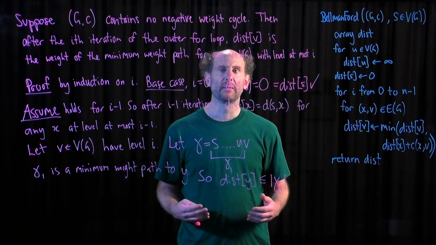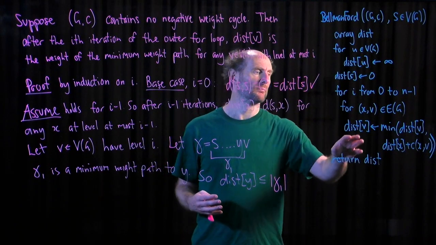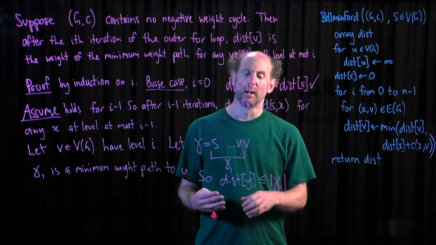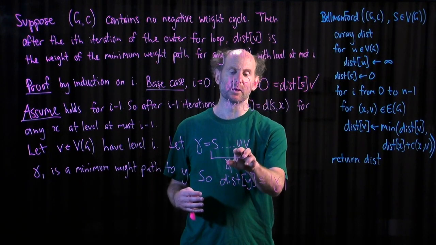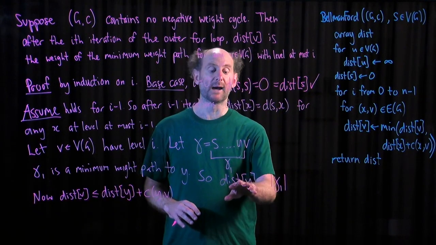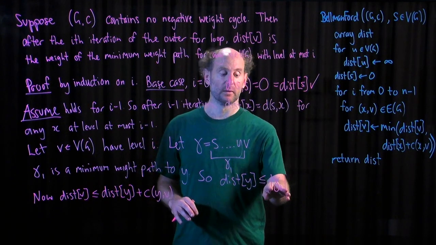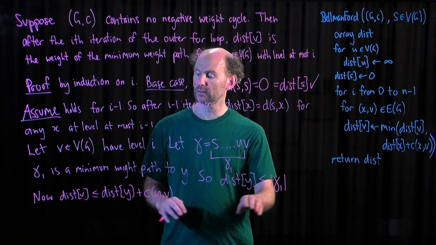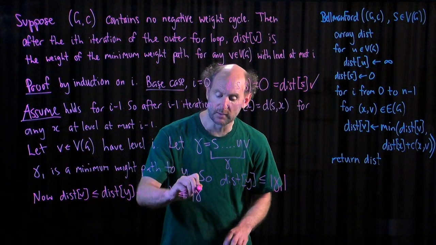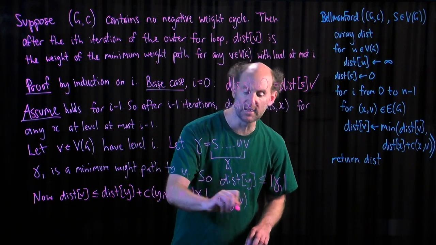But now by the update formula over here, we have that dist V is less than or equal to dist Y plus the cost of the arc from Y to V. But by the argument we just made, dist of Y is less than or equal to the cost of the path gamma 1. So this is less than or equal to the cost of gamma 1 plus the cost of YV.